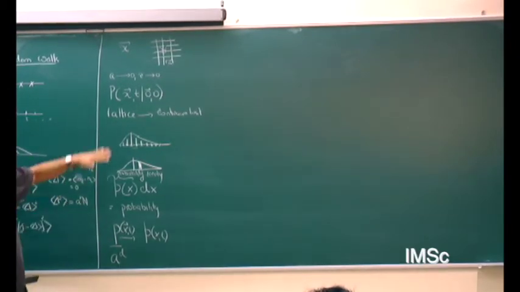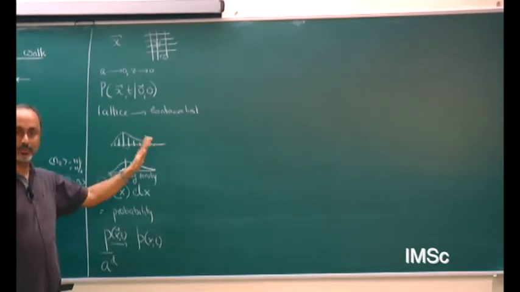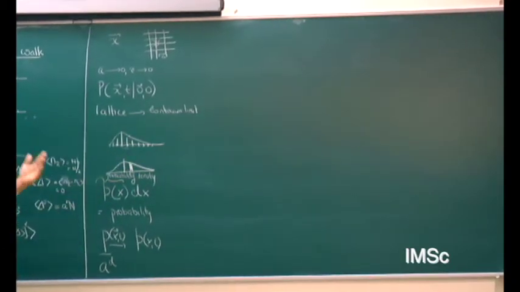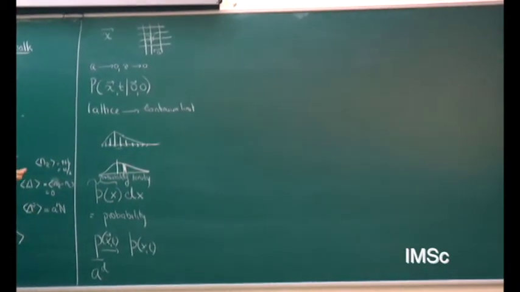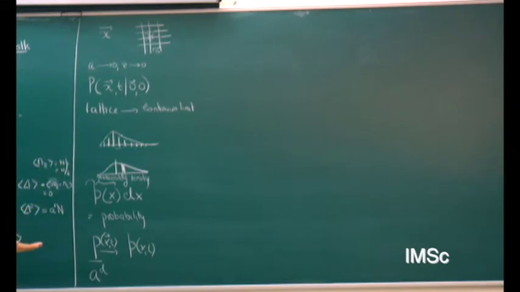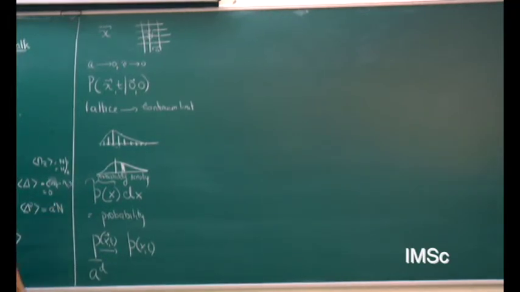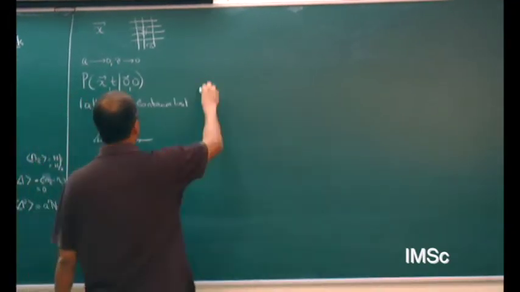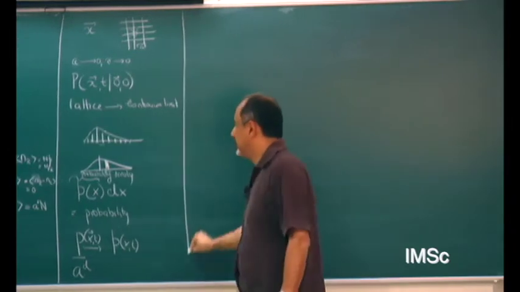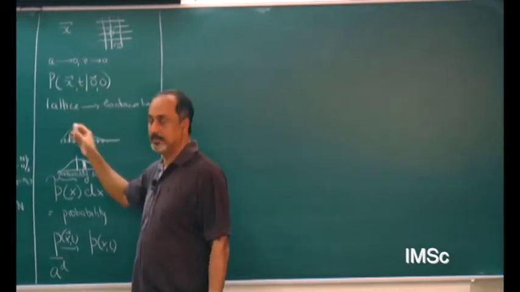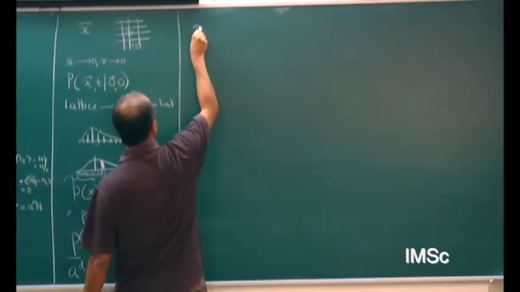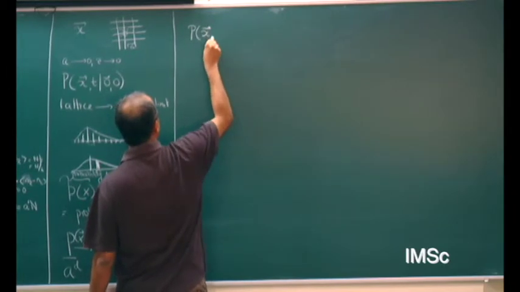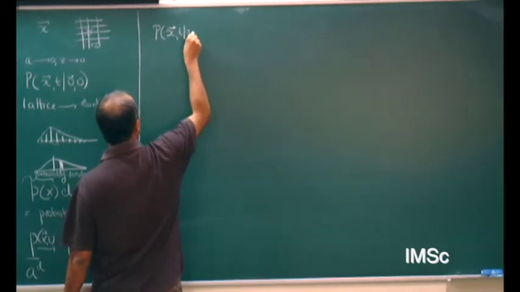I'm just stressing this because one would normally go fast over this, but I don't want this to be a confusion. Whenever we talk about things in the continuum, we will choose densities rather than probability values themselves. So if you go back to the calculation that we did and reconstruct it, we essentially calculated p of x, t given 0, 0.